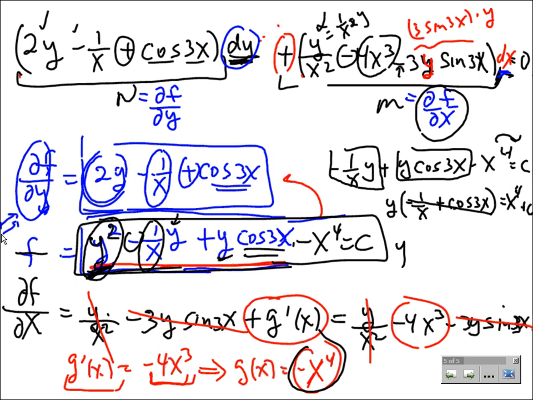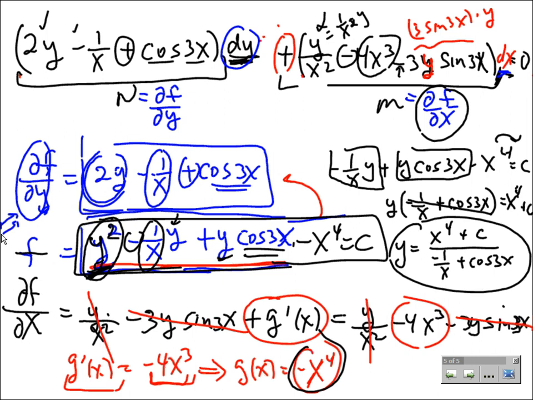I'll have that y is equal to x to the 4th plus c over, looks like, negative 1 over x plus cosine 3x. I'm not going to do this, but maybe you should multiply each term by x, so that x will disappear.